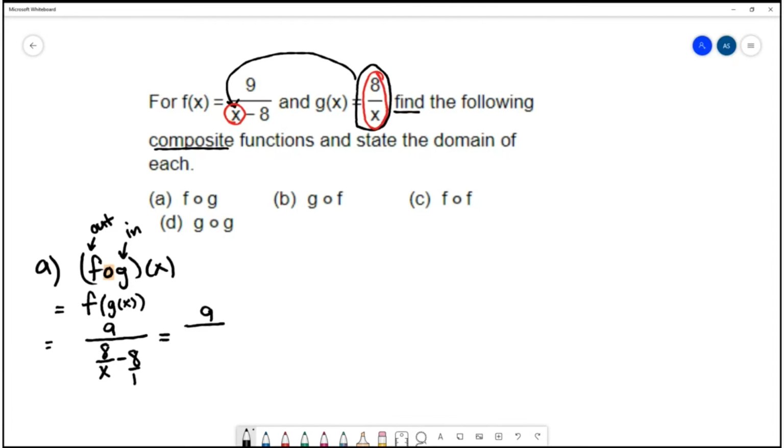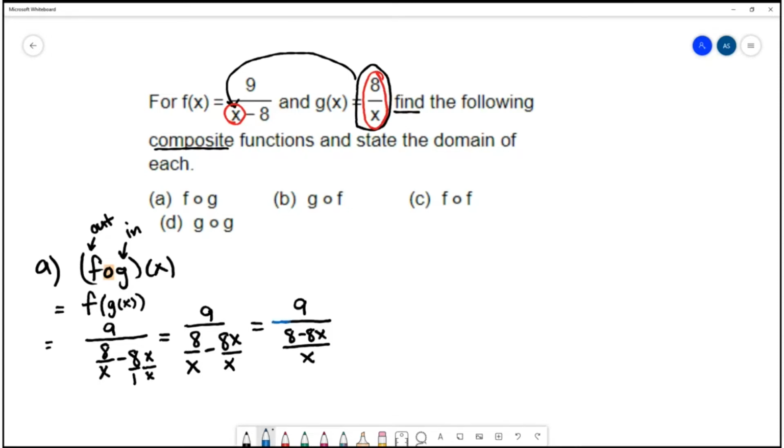It would be 9 over 8 over x minus 8x over x. So what I did is I multiplied by x over x to get that common denominator. This gives 9 over 8 minus 8x over x.